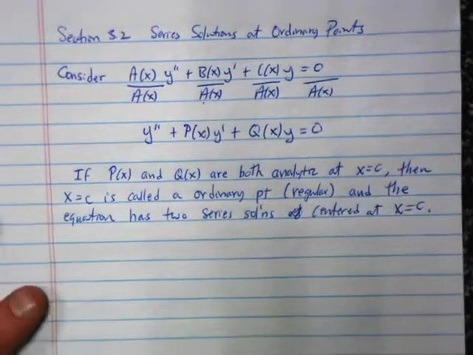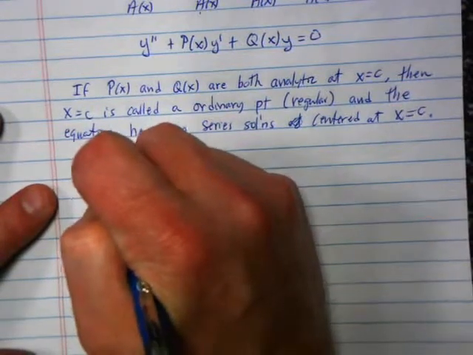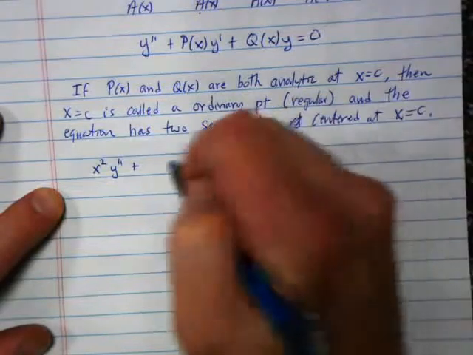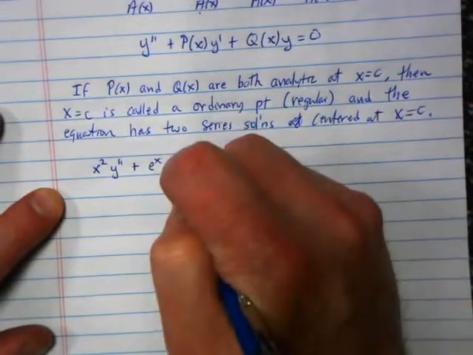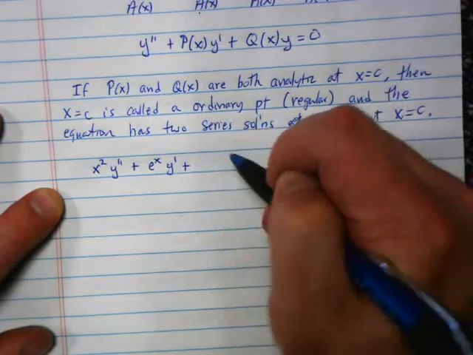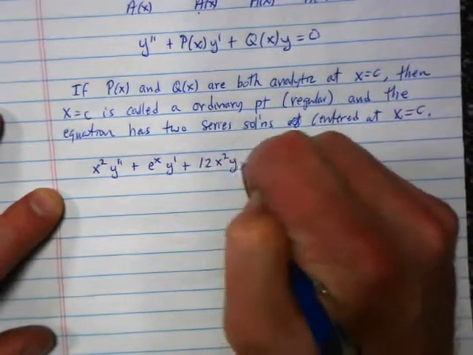Okay, so I might give you something like x squared y double prime plus e to the x y prime plus 12x squared y equals 0.